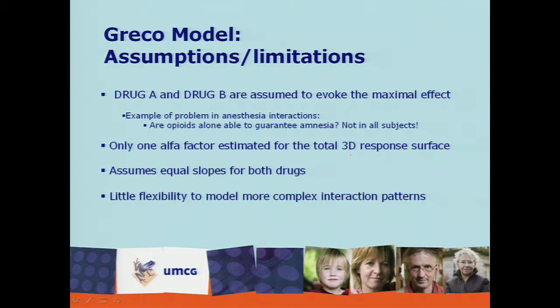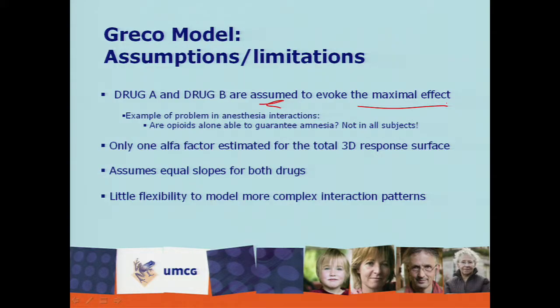Now, there are a lot of limitations to that Greco approach, because the two drugs should have a maximum effect. And that's sometimes a problem when we are studying hypnotic opiate interactions, because, for example, opiates alone are not able to guarantee anesthesia. So they don't have a maximal effect if you look at loss of consciousness.